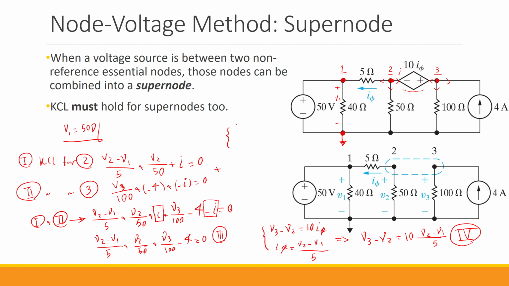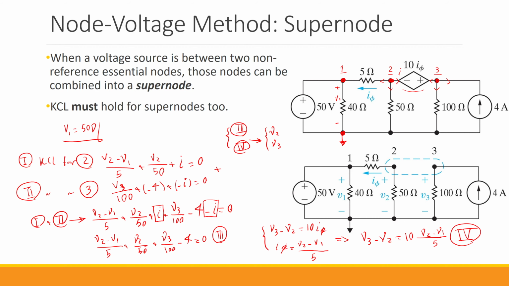Using equation 3 and equation 4, we can find the values for V2 and V3. Remember, we already knew the value for V1. So that is the way that we can solve this circuit. These are all the steps that we had to go through in the calculations.